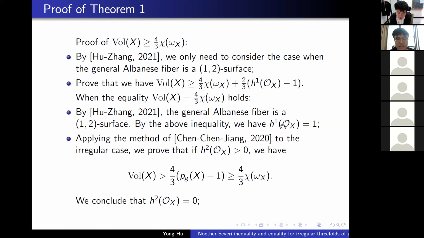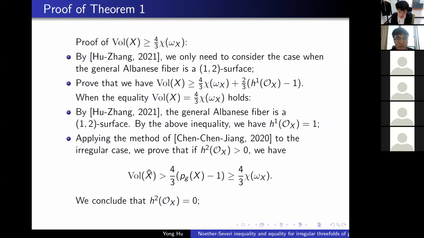Because in this case h¹(O_X) is equal to 1, you see that χ(ω_X) is p_g plus q(X) minus h²(O_X) minus 1, so this is just p_g minus h²(O_X). So this is larger than or equal to 4/3 χ(ω_X).